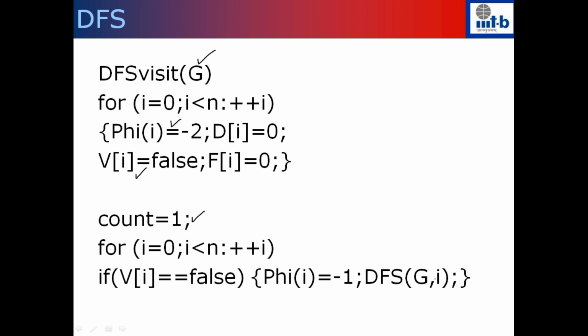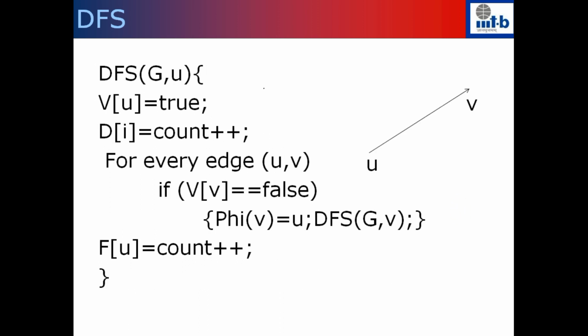Now we have to understand what this DFS function on the graph and i does. Given a vertex u, when you call the DFS function from here, what it first does is mark that this vertex has been visited. When the vertex has been visited, I will note the discovery time.